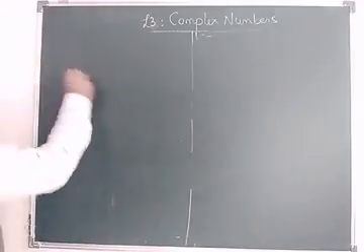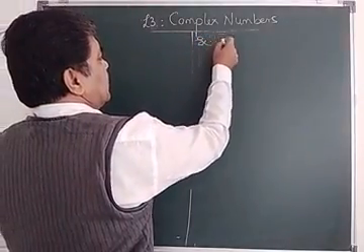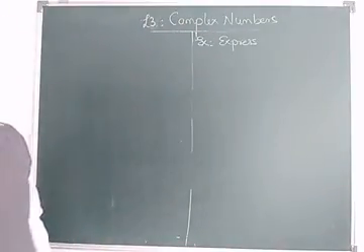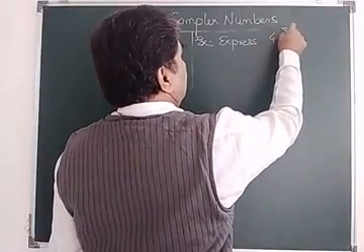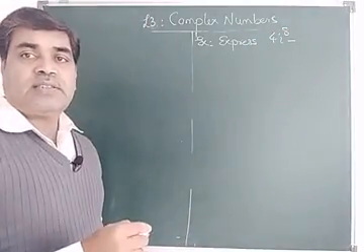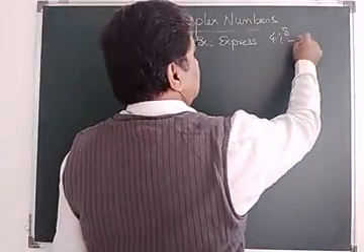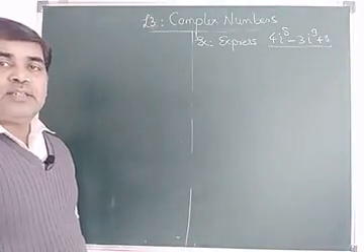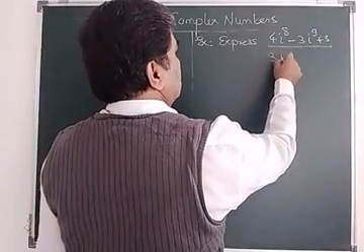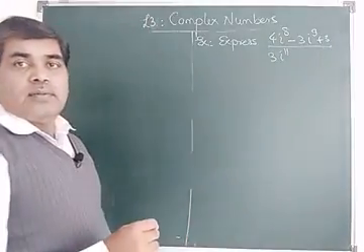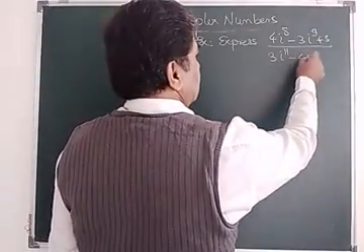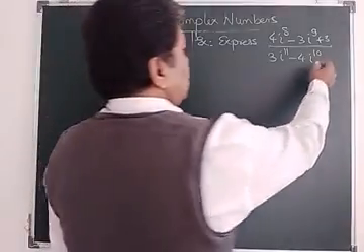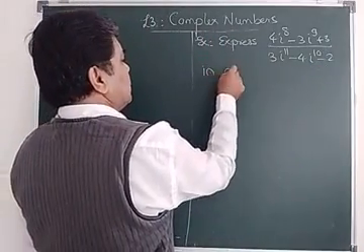So take the example: express the complex number 4 into i raised to 8 minus 3i raised to 9 plus 3 upon 3 into i raised to 11 minus 4i raised to 10, and we'll take some constant term, say minus 2, in a plus ib form.